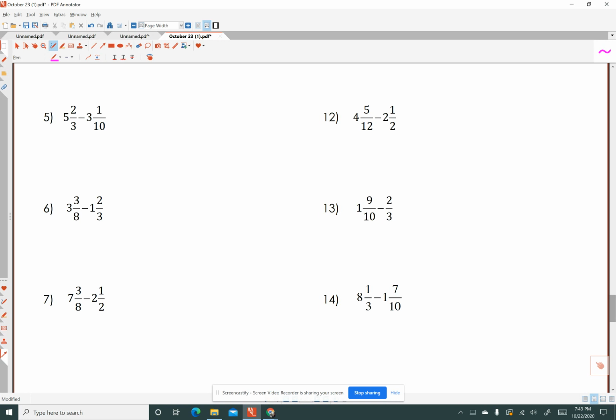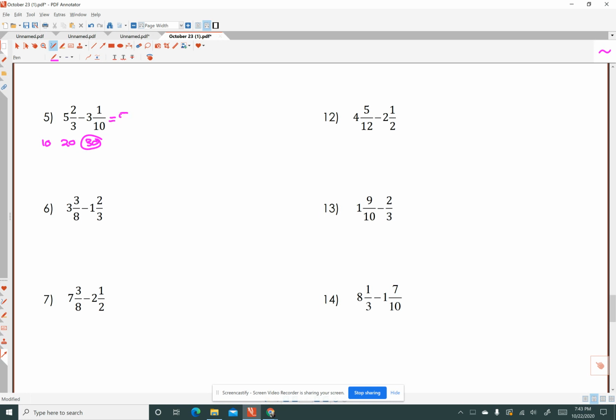Okay, let's look at multiples of 10 that might also be multiples of 3. I think we will go with 10, 20, 30. 30 is a multiple of 3. So we've got some converting to do.